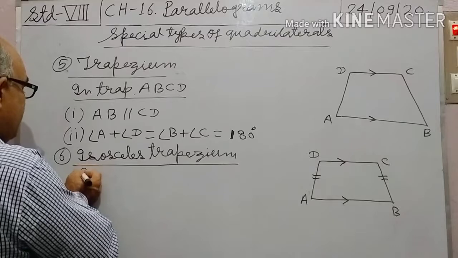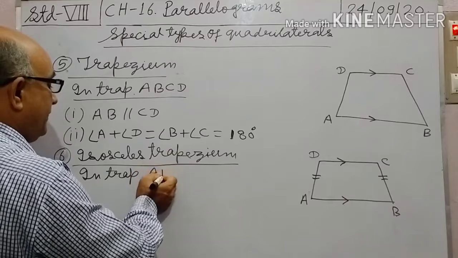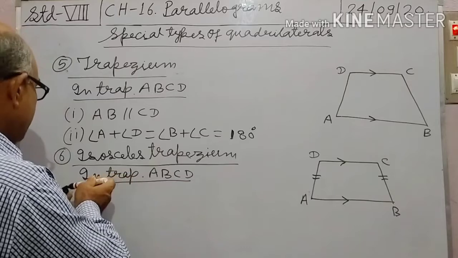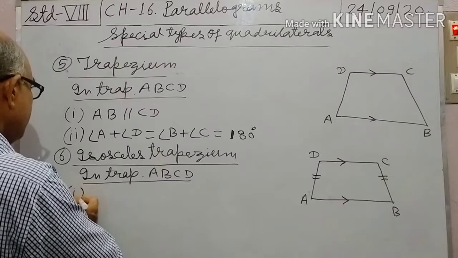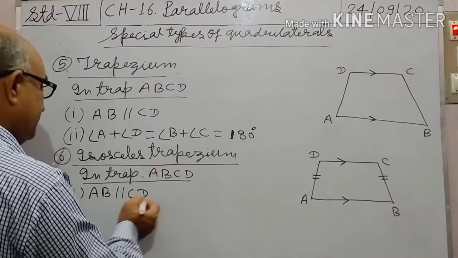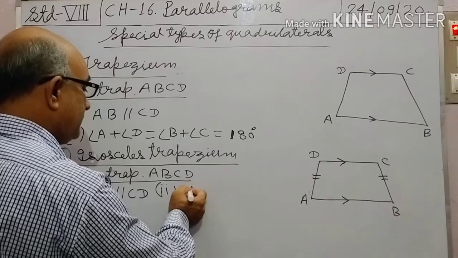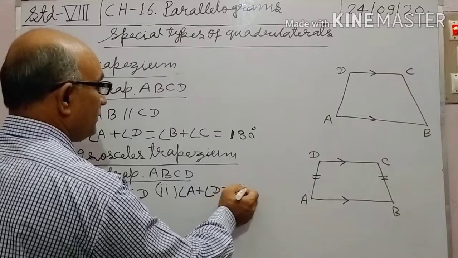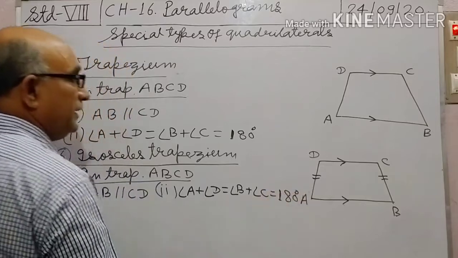So in an isosceles trapezium ABCD, first property is AB parallel CD. Second property is angle A plus D equal to angle B plus C equal to 180 degrees.